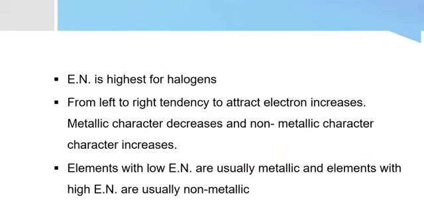Next, the elements which have low electronegativity will not accept electron easily, so they are usually metallic, and the elements which have high electronegativity will accept electron easily, so usually they are non-metallic.